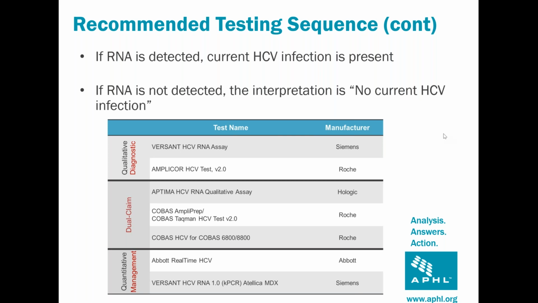The top two assays shown on this table, and this table is also in one of your documents in the reference list of the 2019 guidelines about HCV testing for laboratories, are qualitative and maybe in some limited use around the country.